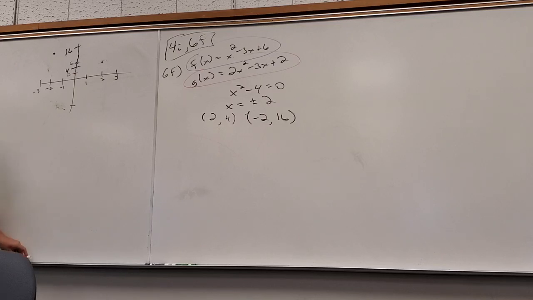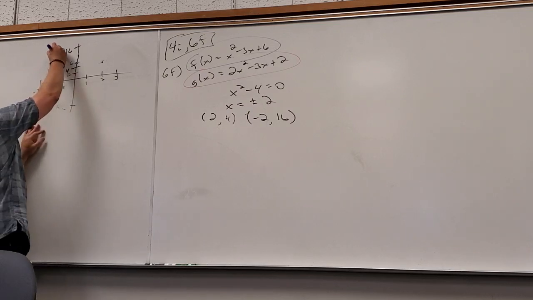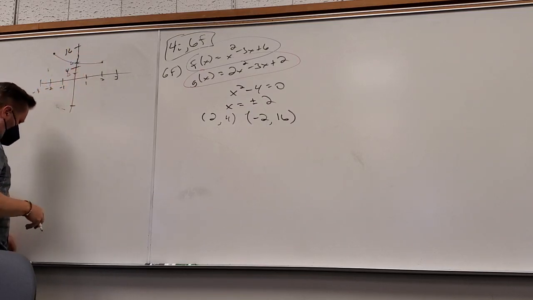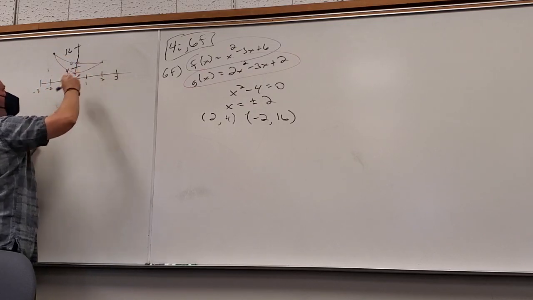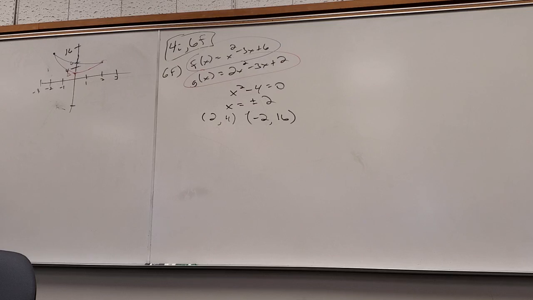You could figure out where their vertices were, but it really doesn't matter. All that matters is the blue guy is on top and the red guy is on the bottom. Are you guys kind of with me? So it looks like it's probably going to be some kind of banana again. We get a lot of bananas when we do this.